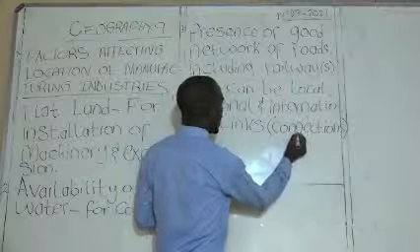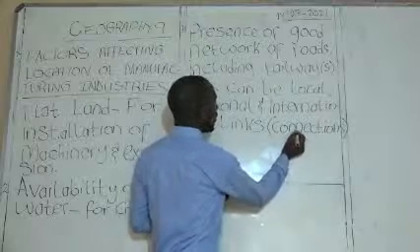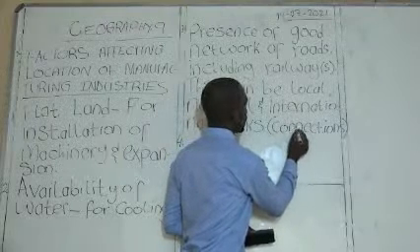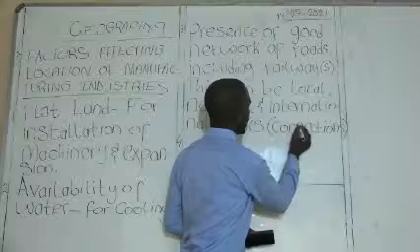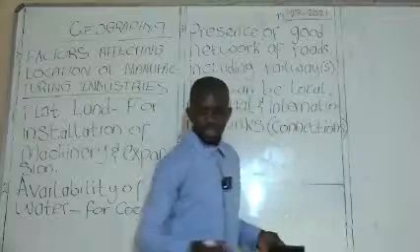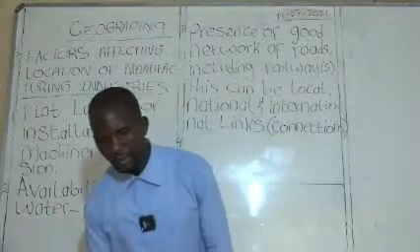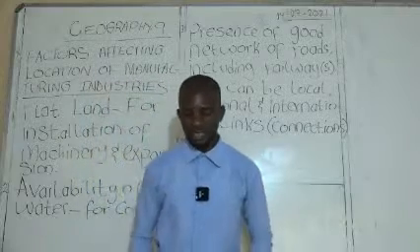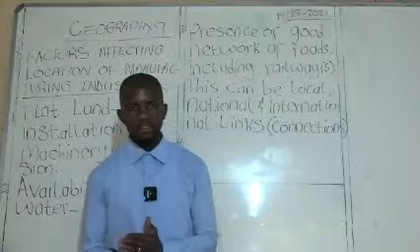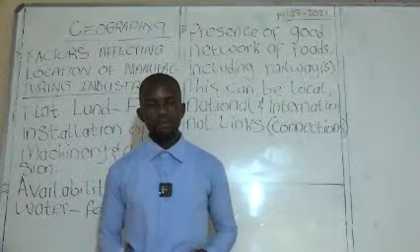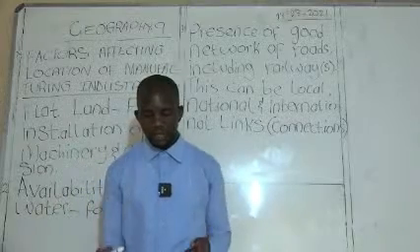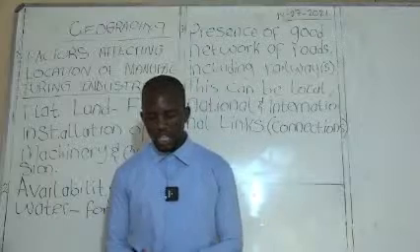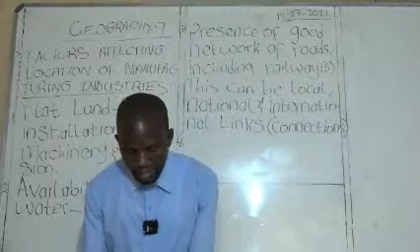Now, point number 4 here, we are going to talk about what the government has to do, or the role played by the government to ensure that industries, especially the one we are looking at, precisely manufacturing industries. So now, what does the government have to do here? The government should intervene, okay? So the government intervention, including policy on the manufacturing industries.